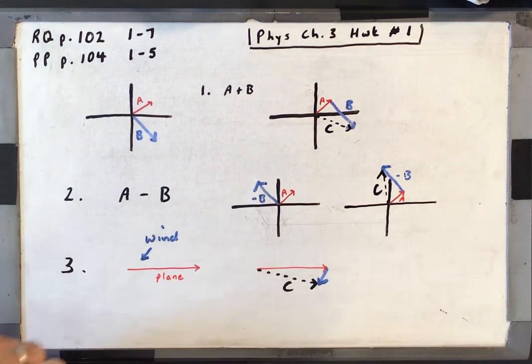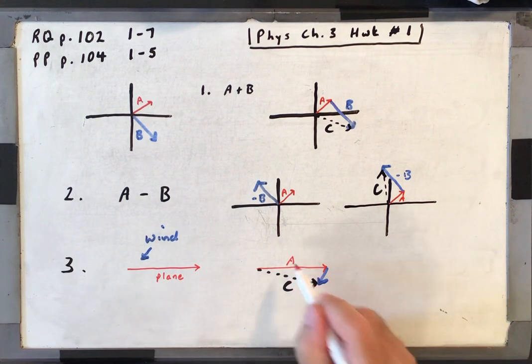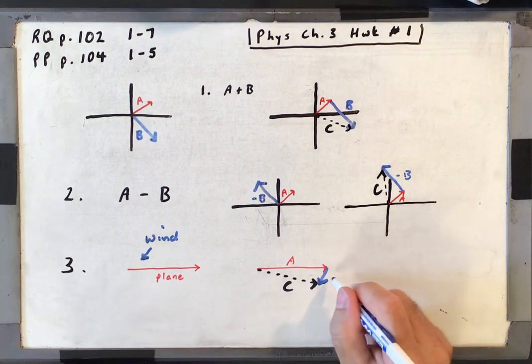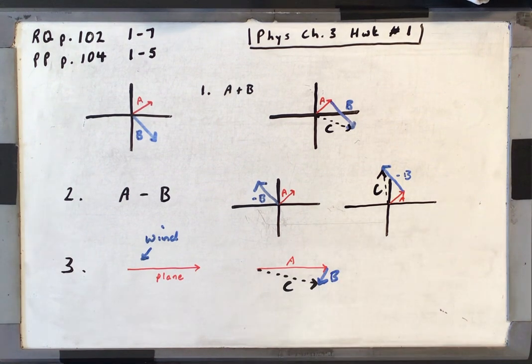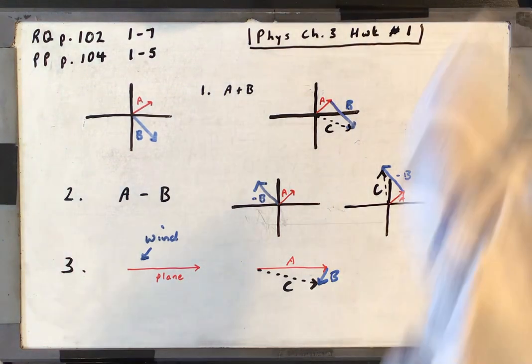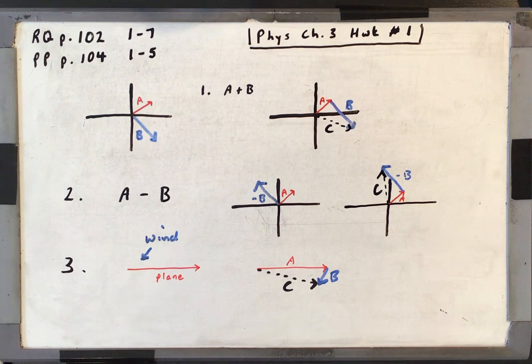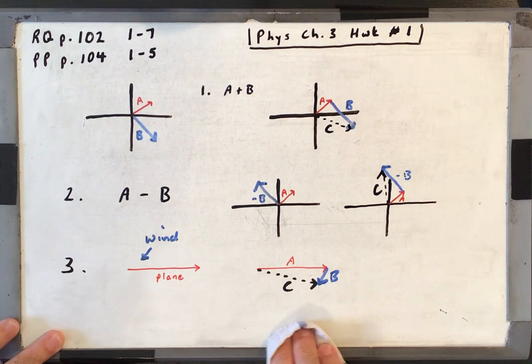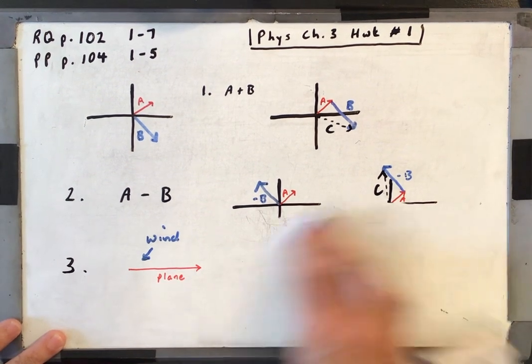So we'll call that vector C. If you want to call the plane vector A and the wind vector B. So the resultant heading of the plane is going to be a little bit below the 0 degrees. So probably something on the order of 350 degrees, something like that. All right, and then the next two problems are trigonometry.